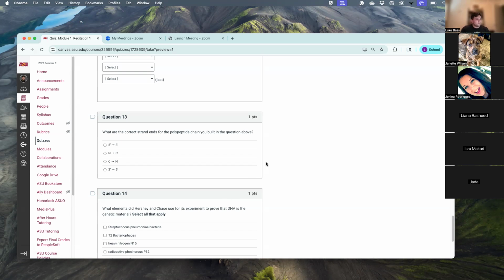Gotcha. Let's see if I can draw while I'm sharing. My mouse is a little weird, so we'll see if this behaves. So you have a pentose sugar. That's not a good drawing whatsoever. But normally when you're looking at a sugar, you can label the carbons.